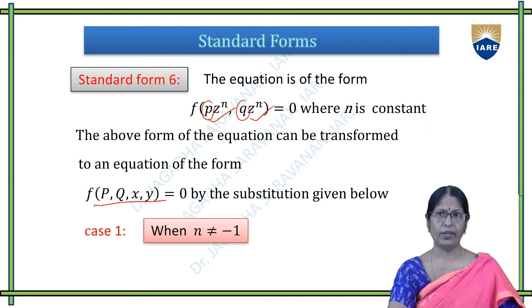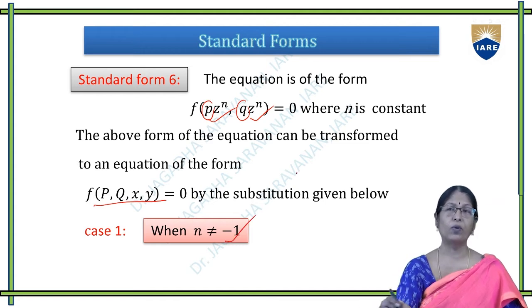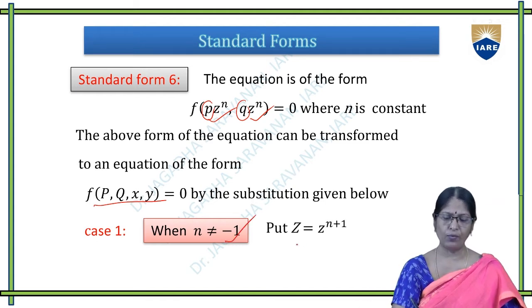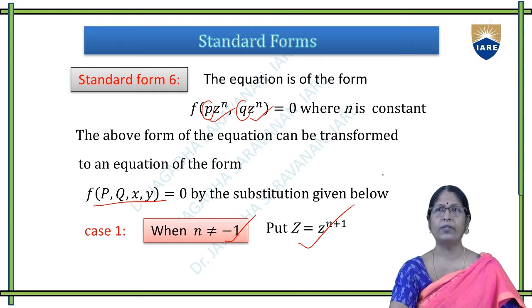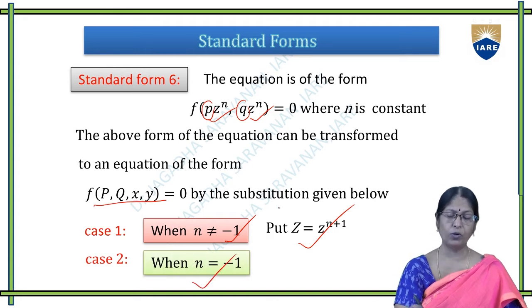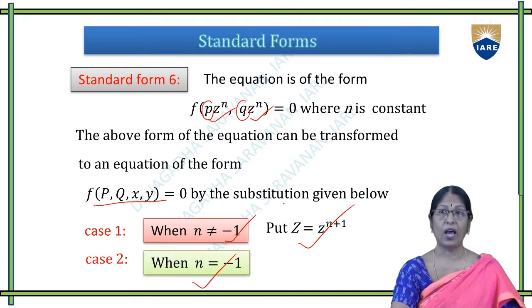So case 1: suppose the power that z is having is not equal to minus 1, we have to assume capital Z equal to z power n plus 1. Suppose it is equal to minus 1, then we have to assume capital Z equal to log z.